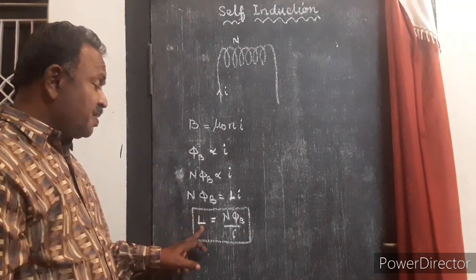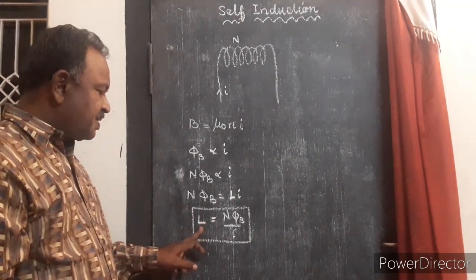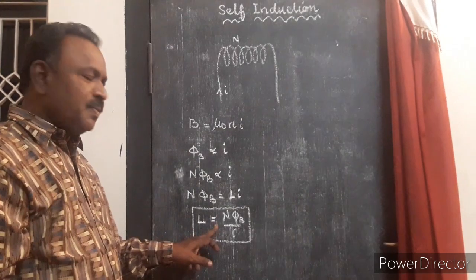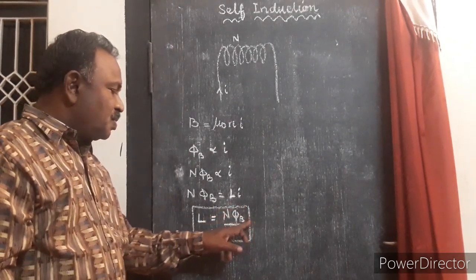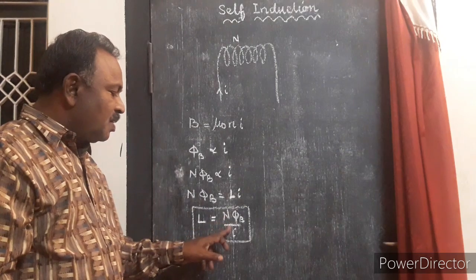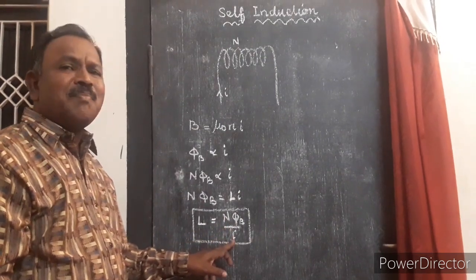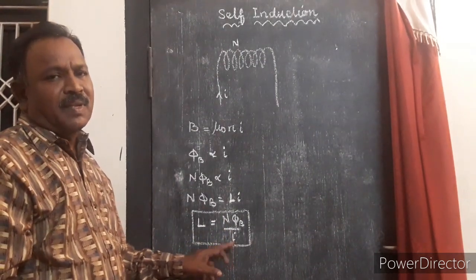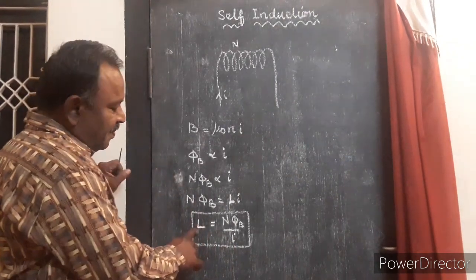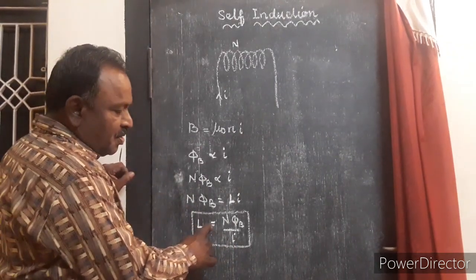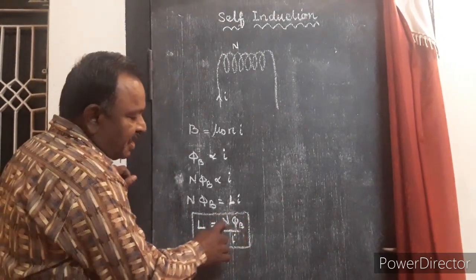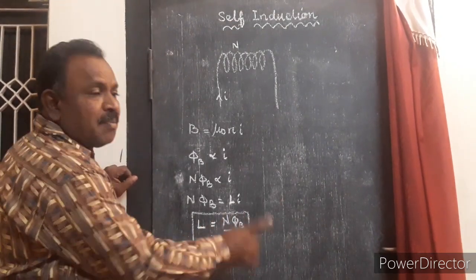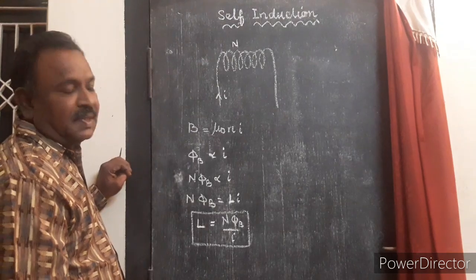The coefficient of self-induction is equal to the flux linkage associated with the coil to the current that passes through the coil, that is, the ratio of the flux linkage to the current passing through the coil.